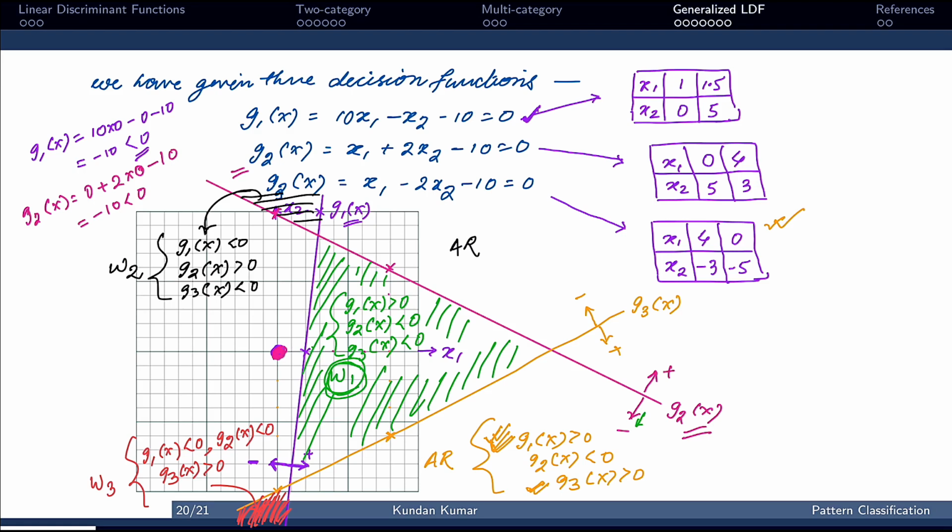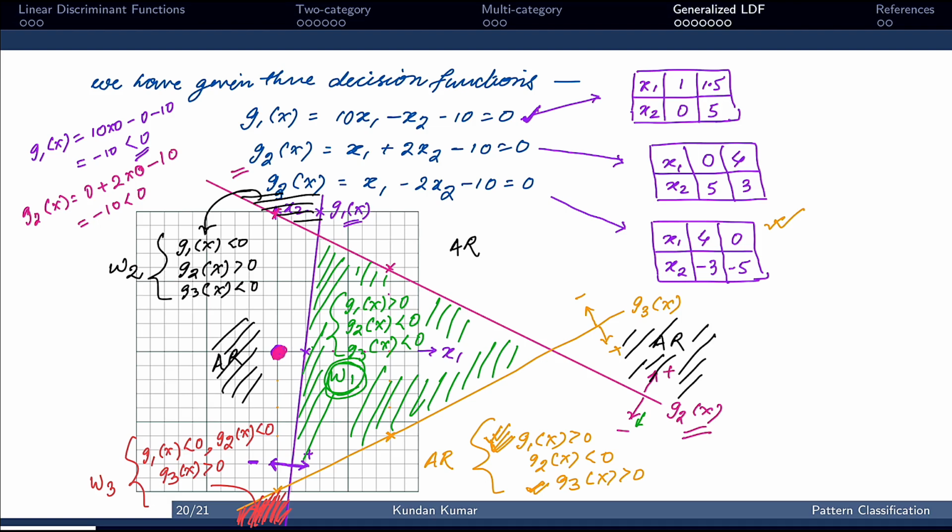These are ambiguous regions. This is also an ambiguous region where we cannot make the decision whether the sample belongs to class 1, 2 or class 3.